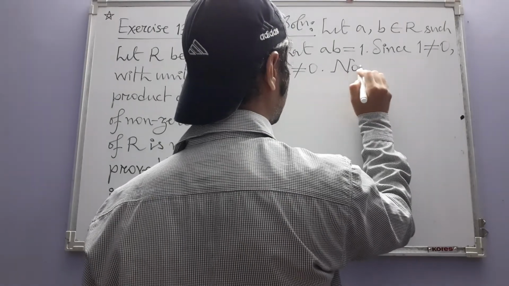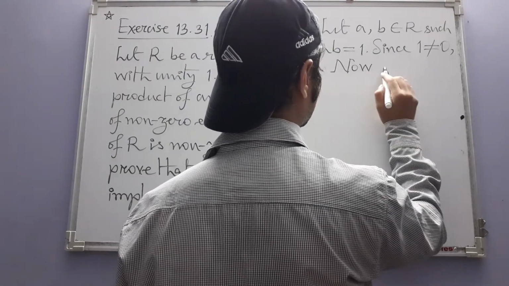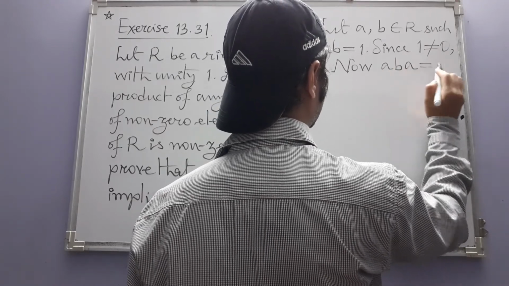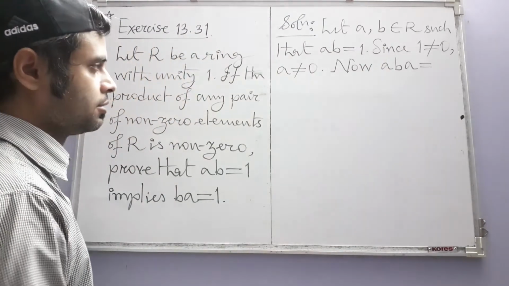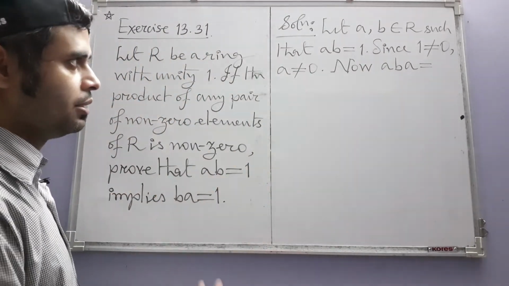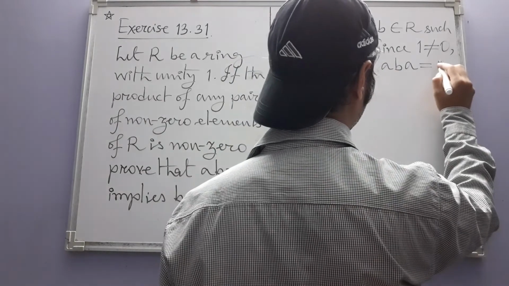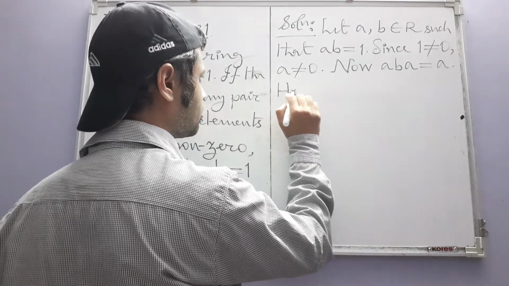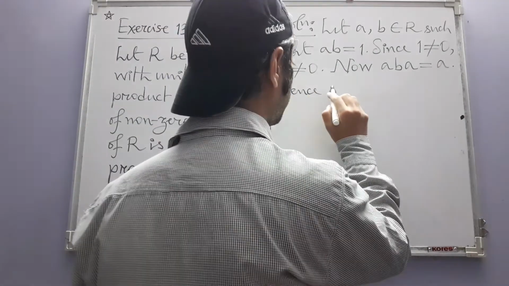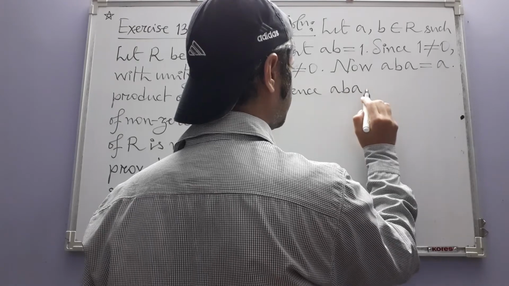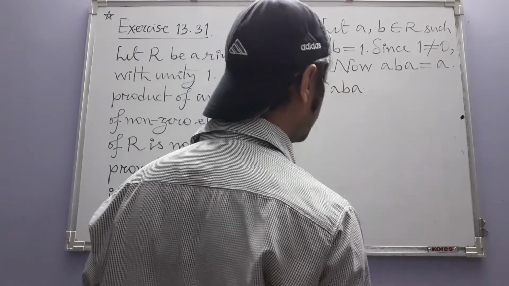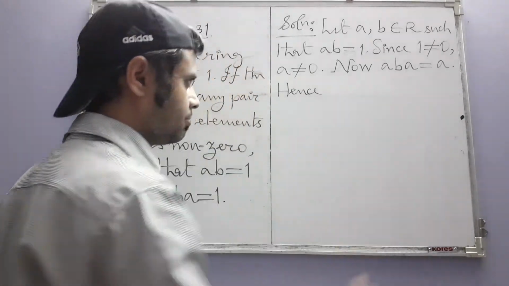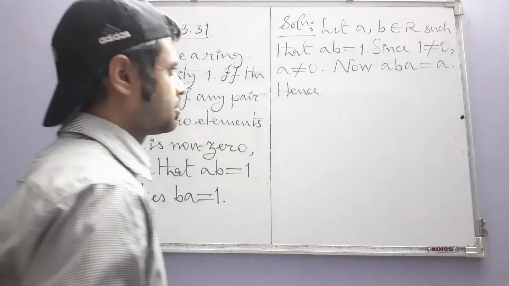Now ABA, if you multiply on both sides from the right side by A, you get ABA equal to A. Hence ABA minus A is equal to 0.